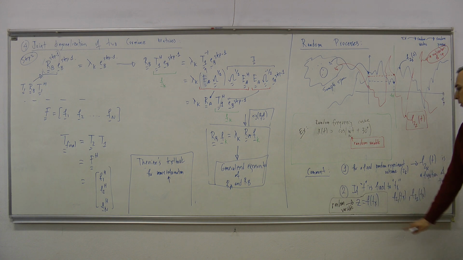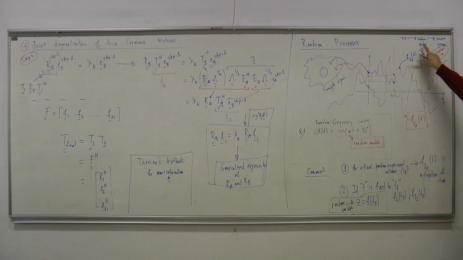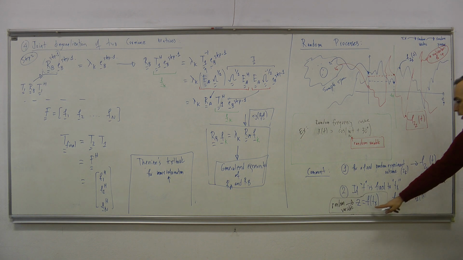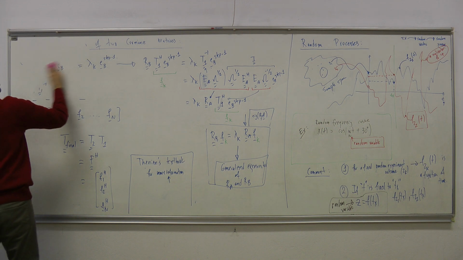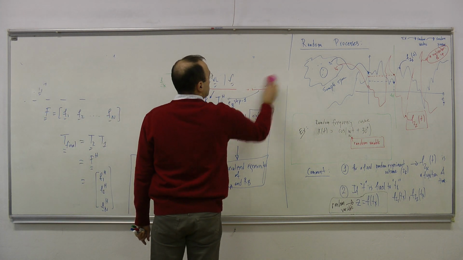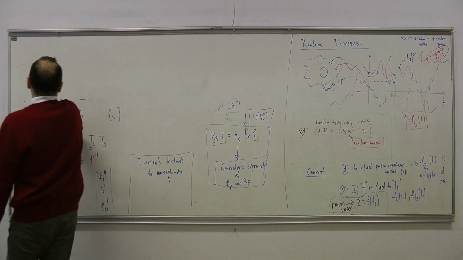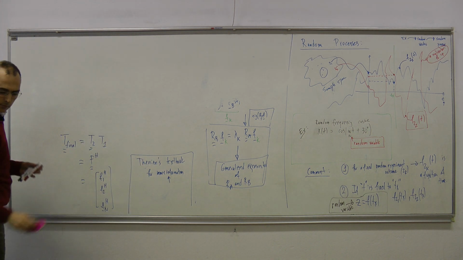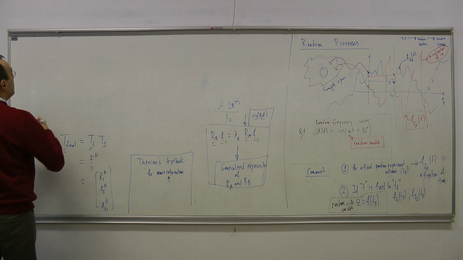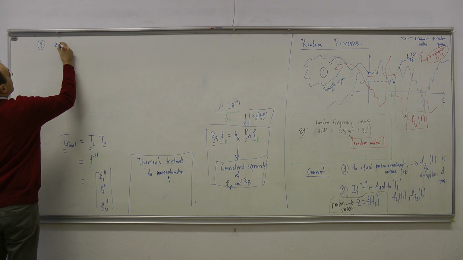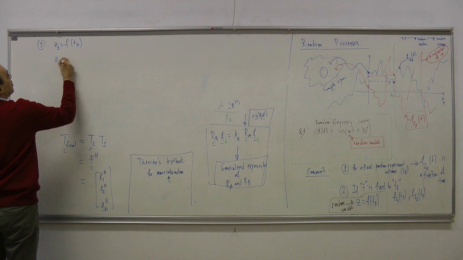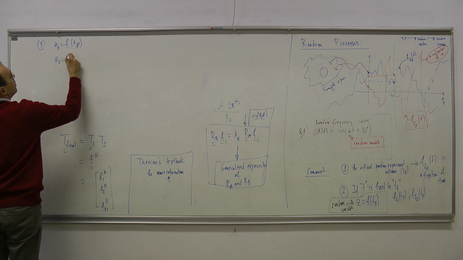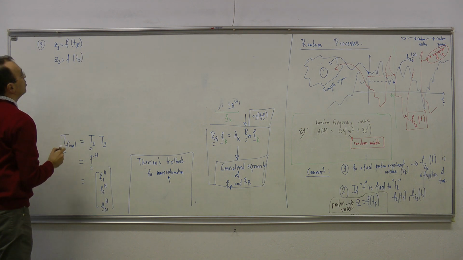So, any guesses? If I fix two random times, we get random vectors this time. Let me write it, because it's something easy. z1 is equal to f at time t1, z2 is equal to f at time t2.